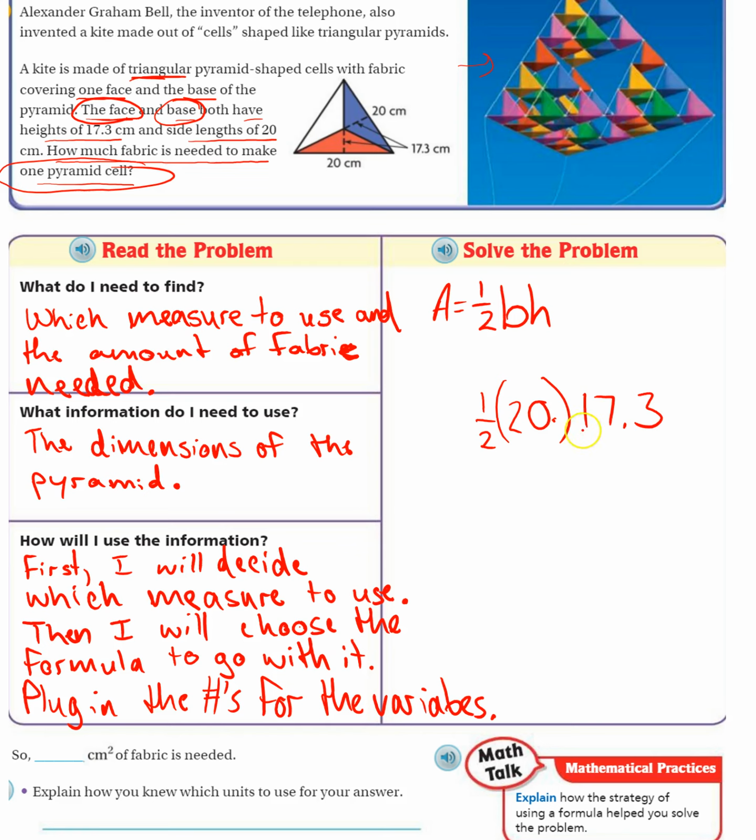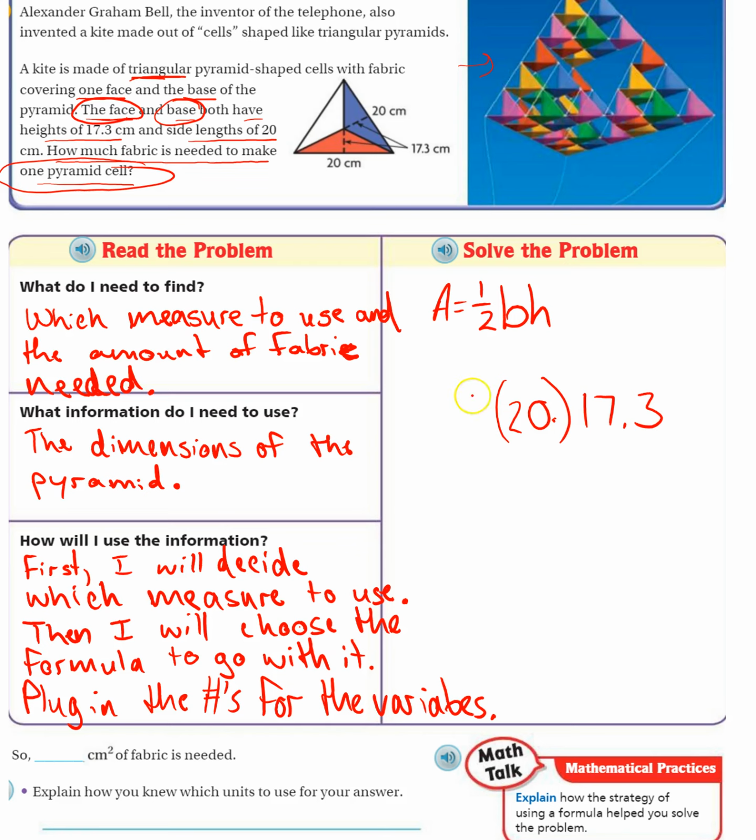So if I don't divide it by 2, I won't need to multiply by 2 at the end. This only works when you need exactly 2. If I needed 3, I couldn't use this strategy. But since I know I need the face and the base, so 2 triangles, if I get rid of this 1/2, I'll get my answer in 1 step rather than 2.